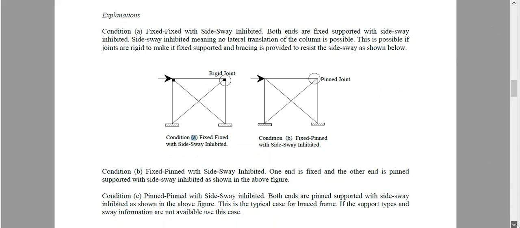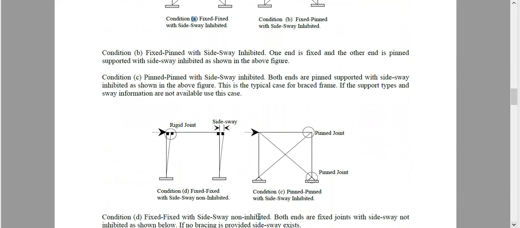If you see category number D, what is this? Yes, fixed here, rigid here, but there is no bracing. If there is no bracing, this whole column can move this way. That is called sway.